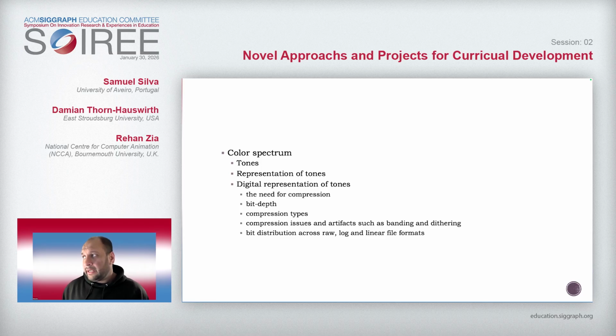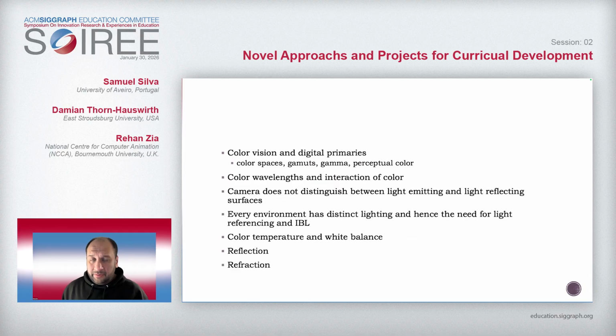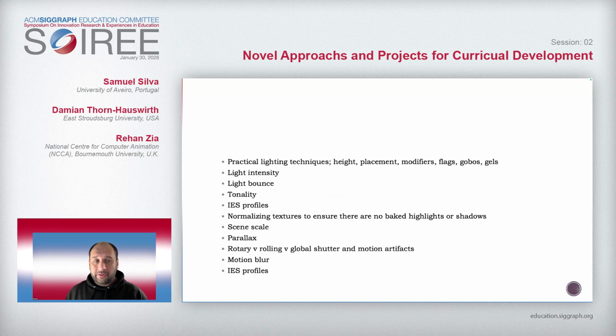Compression types, artifacts such as banding, dithering, raw files, and thinking about color vision and where RGB comes from, and color spaces and gammas and wavelength and image-based lighting, color temperature, the fact that the camera doesn't distinguish between light emitting surfaces and light reflecting surfaces, and then thinking very much about tonality, normalizing textures, getting rid of highlights, not baking in shadows and highlights, scene scale, really important for match move, and so on.